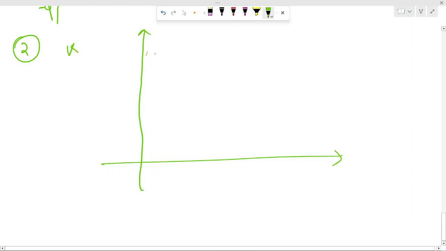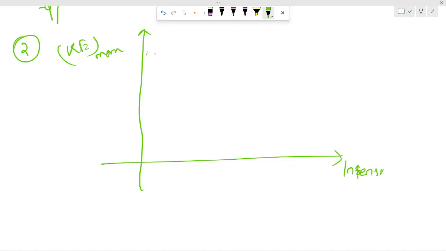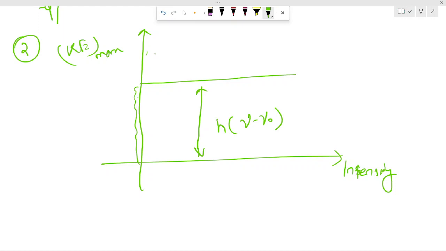In the y-axis I have to take the kinetic energy max, and in the x-axis I will take intensity. Okay, and this graph will be a straight line having a value, okay, this one will become your h into nu minus nu naught.